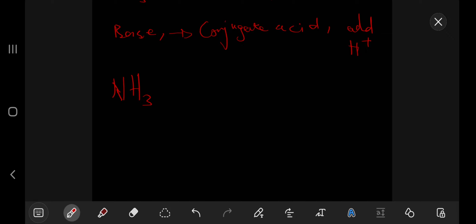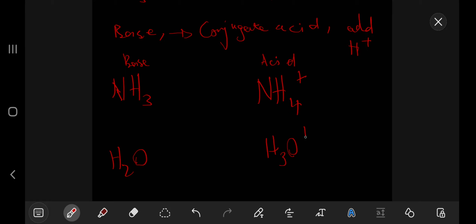You want the conjugate acid for this one. The conjugate acid would be NH4 plus, because you add one proton. And then, let's say water is acting as a base. For the conjugate acid, you add one hydrogen ion.